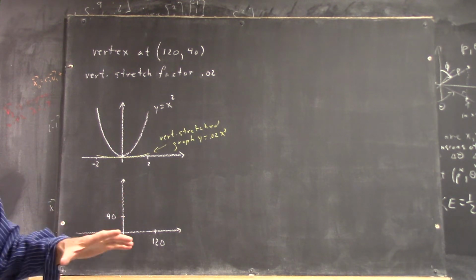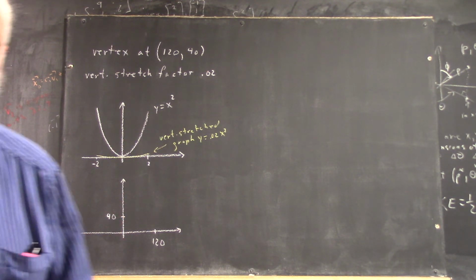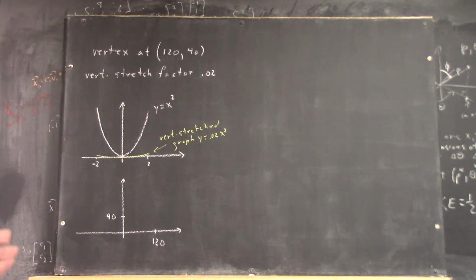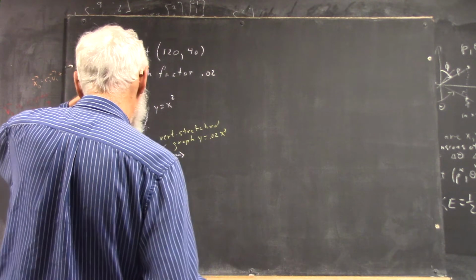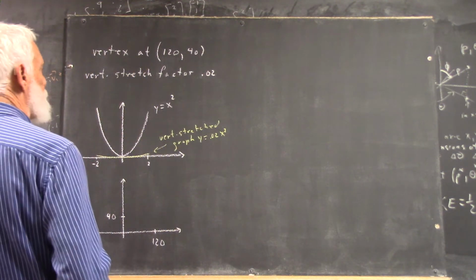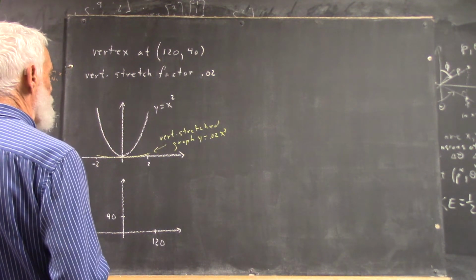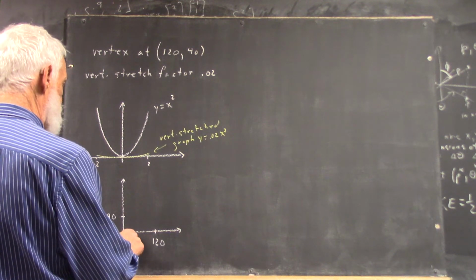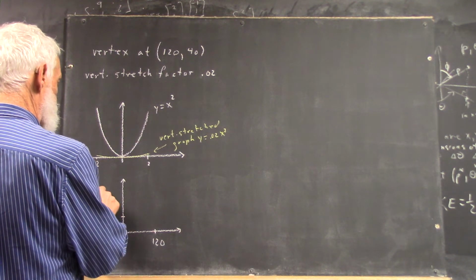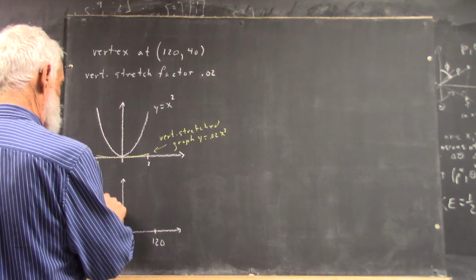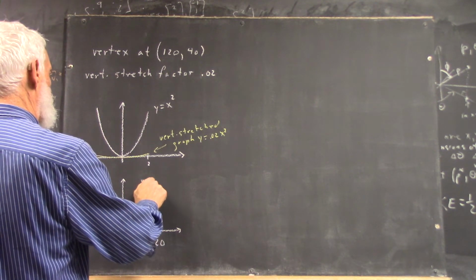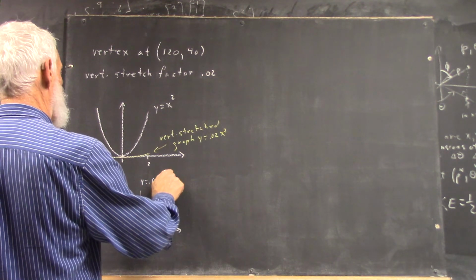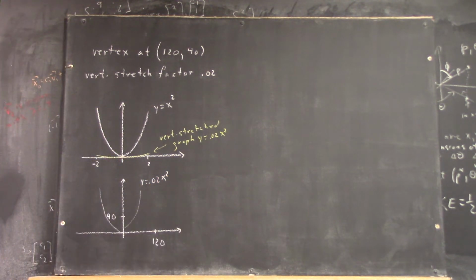Don't worry too much about that. What you really want is a graph of 0.02 x squared, okay, which might look something like this, okay?